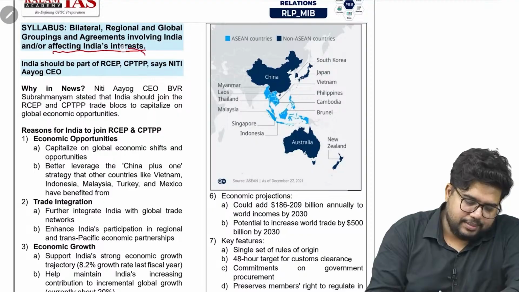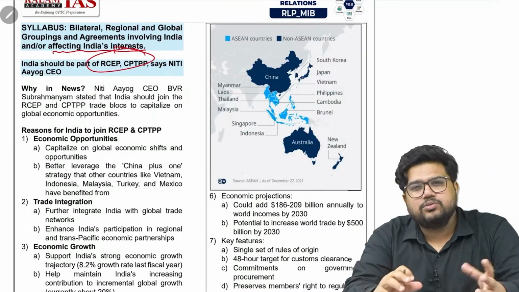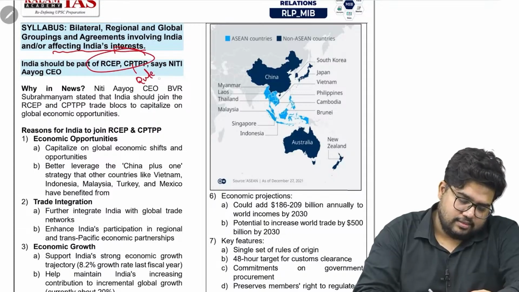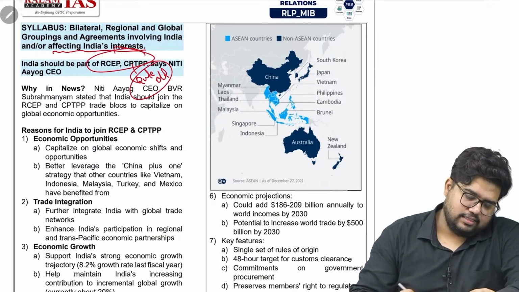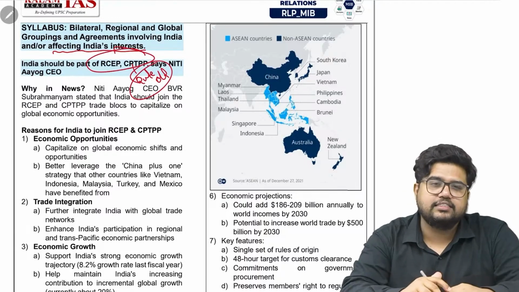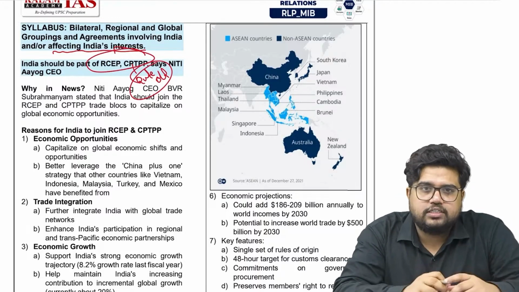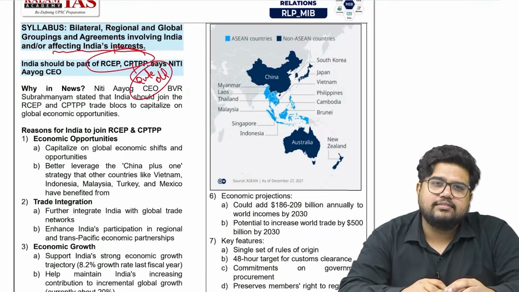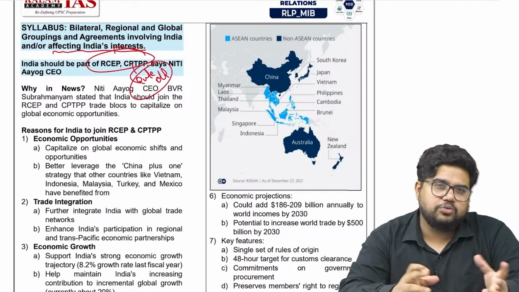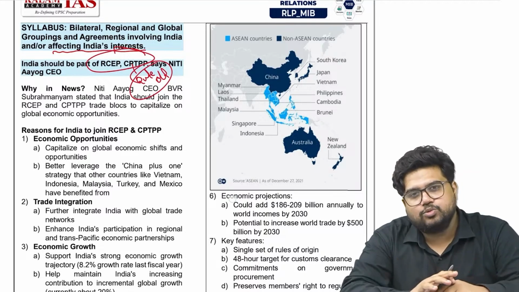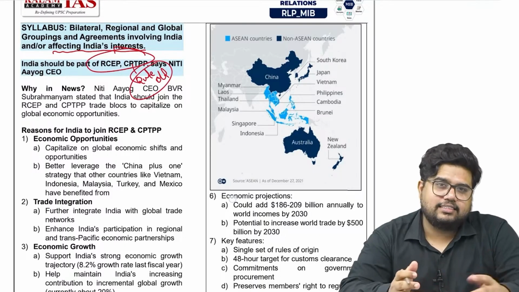Again, RCEP, CPTPP. So these are quite an old subject. Why is this in the news? Because there has been renewed interest. If you look at India's approach towards these free trade agreements or groupings, then for almost the complete 2010s and early part of 2020s, we were against free trade agreements.